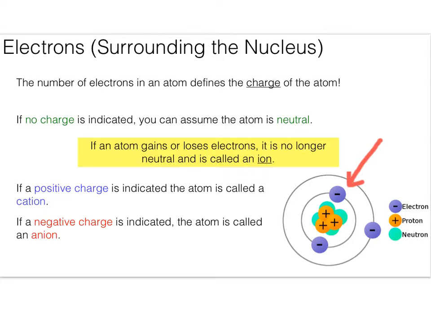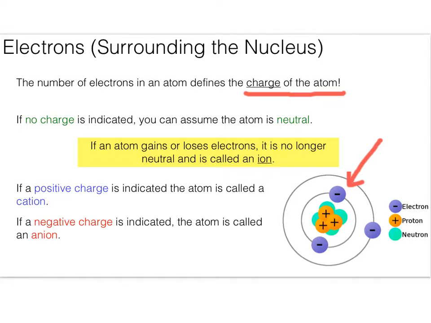So once again, electrons surround the nucleus, and the number of electrons around an atom gives you the charge of the atom. You can gain and lose electrons freely, and that's part of the chemistry we're going to talk about. A lot of chemical reactions occur by gaining or losing electrons.